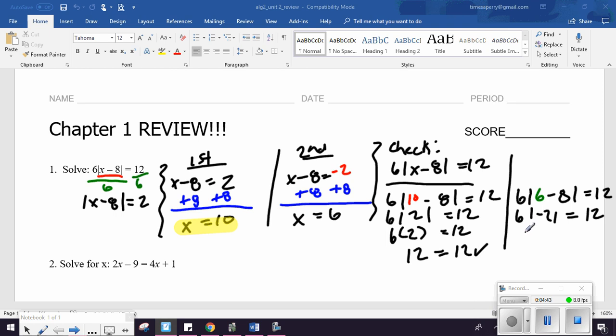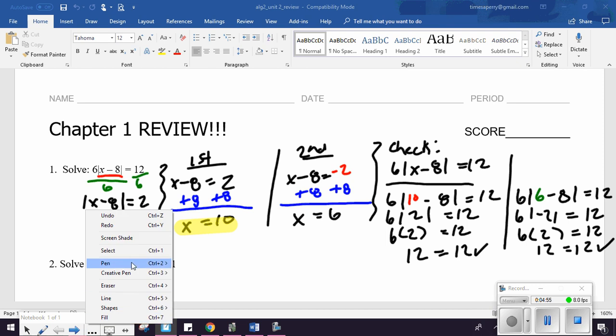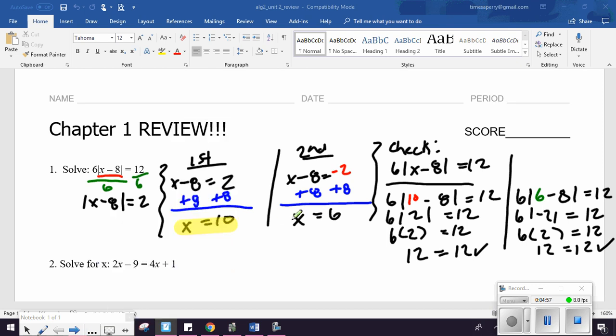The absolute value of negative 2 is positive 2, so it's 6 times 2 again, which is 12. So both of them check out. So x equals 10 is a solution, as well as x equals 6.